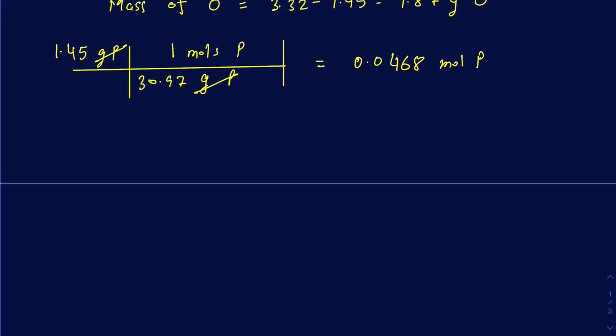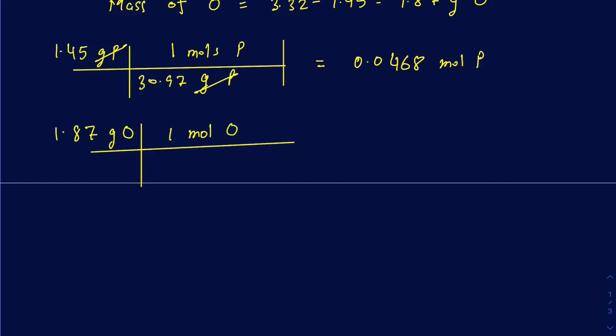Now we're going to do the same thing for the oxygen. So we're starting out with 1.87 grams of oxygen, and then we want to convert this to moles of oxygen. We'll have a very similar step here, but now we're going to be using the atomic mass of oxygen. So I'll have 1 mole of oxygen divided by the atomic mass of oxygen, which is 15.99 grams of oxygen.